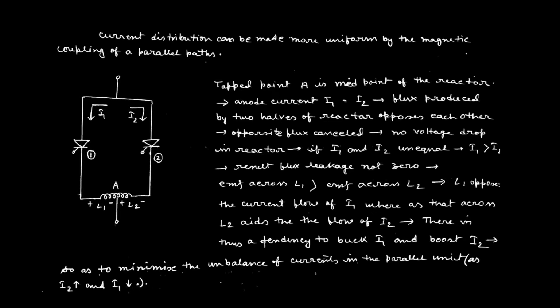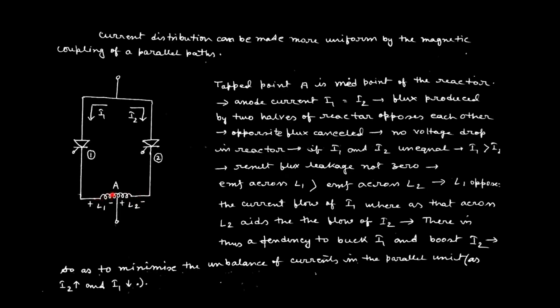As per Lenz's law, when current flows across any inductor, it produces a back EMF, as per Faraday's laws of electromagnetic induction. And as per Lenz's law, the nature of this back EMF is that it always tries to oppose the original current. By the same phenomenon, when I1 is greater than I2, the inductive effect of L1 will be greater than the inductive effect of L2.